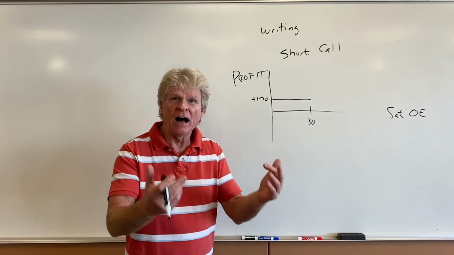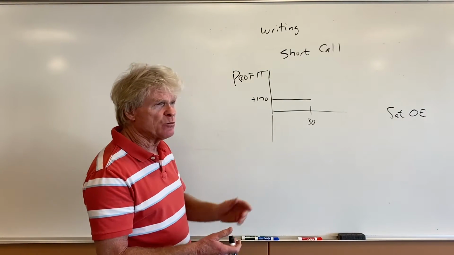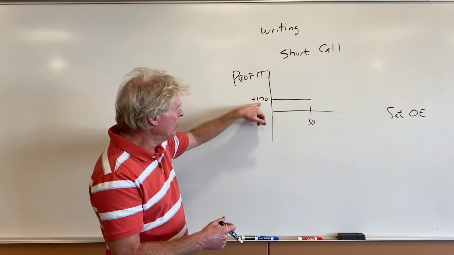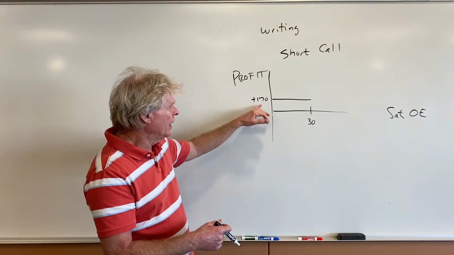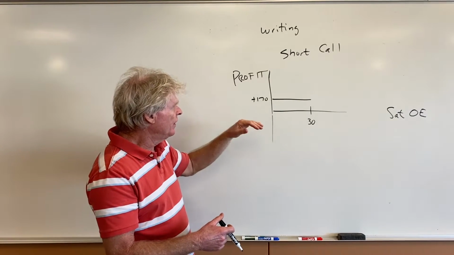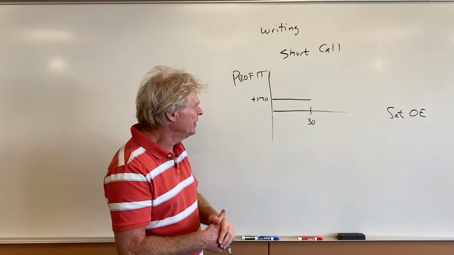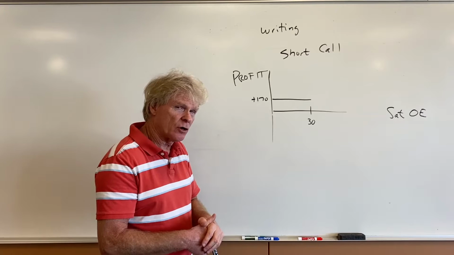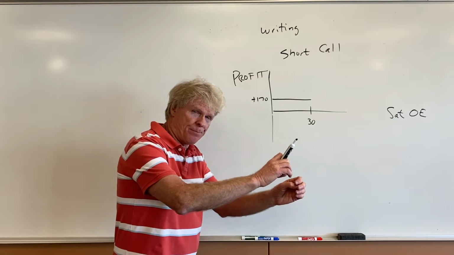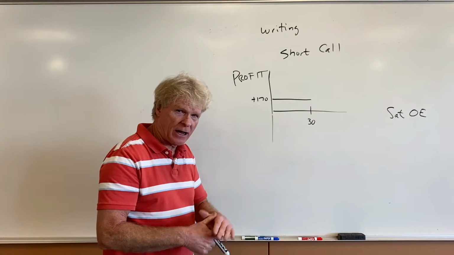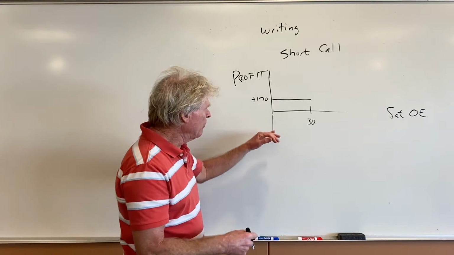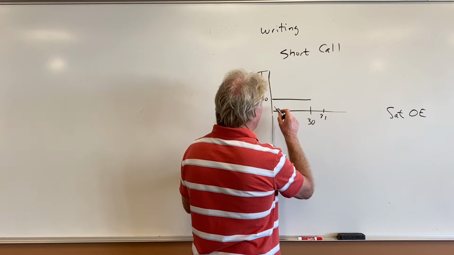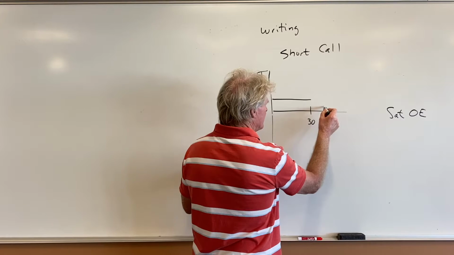They sold to open, now they have to buy to close. And if the price was $100, then they would earn a profit equal to the proceeds when they wrote the call, 170, minus the price they had to pay to buy to close, 100, so they'd make $70. So at a price of 31, we have a profit of $70.